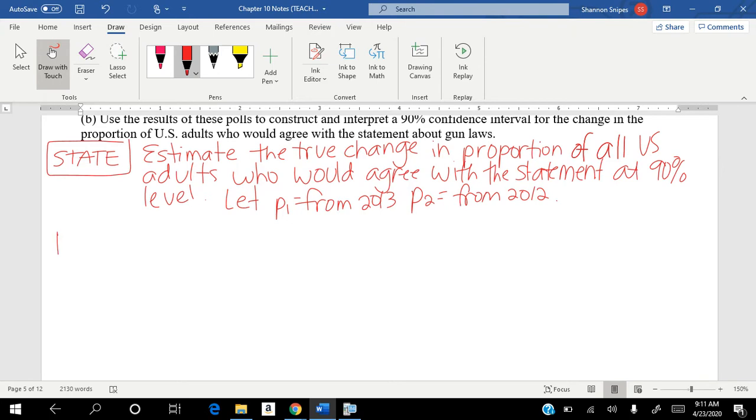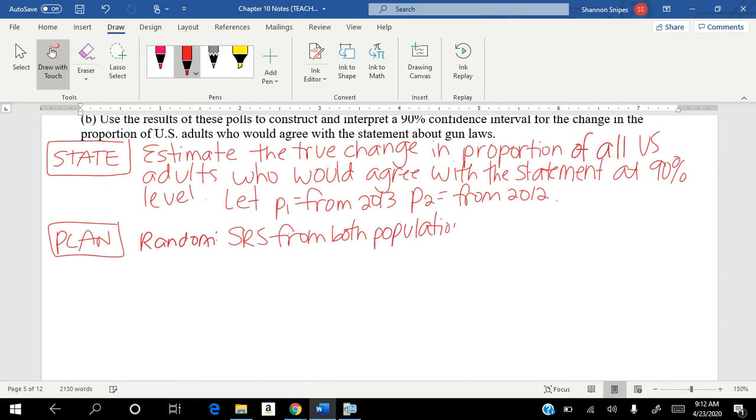All right, plan. Check our conditions. This is not an experiment, so we do need to think about a simple random sample. So we have a simple random sample from both populations. Check. Let's check our independence condition. We are going to be checking the 10% condition here because we are sampling without replacement.